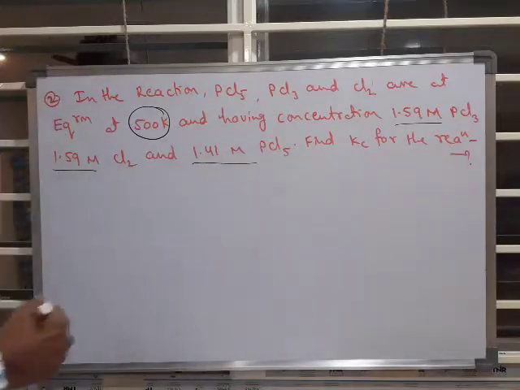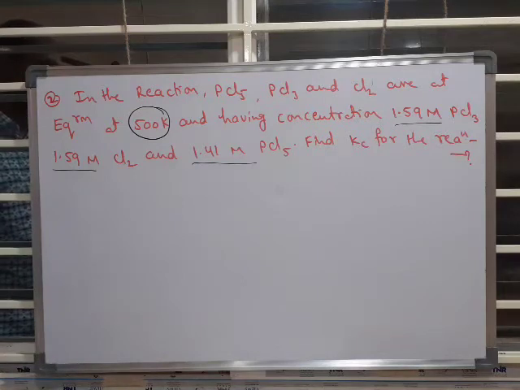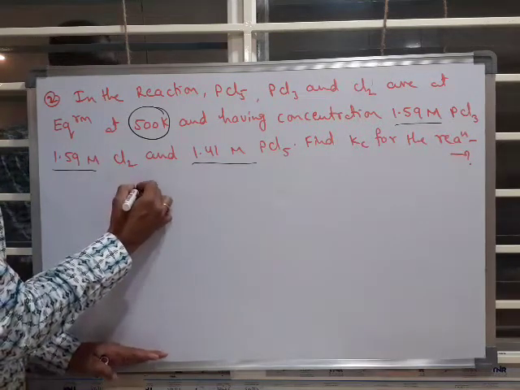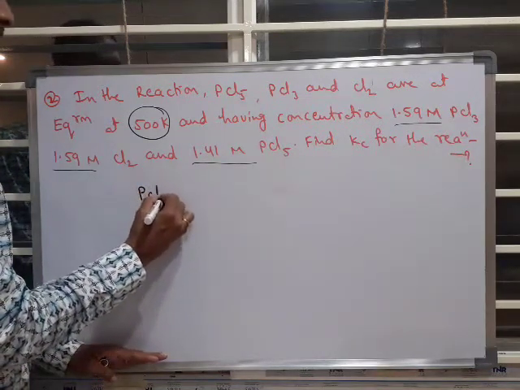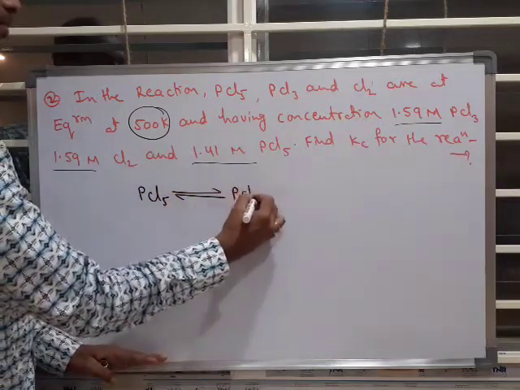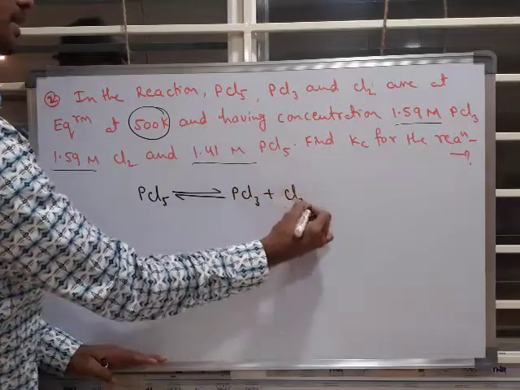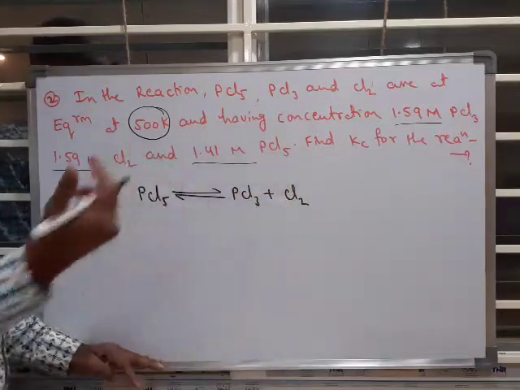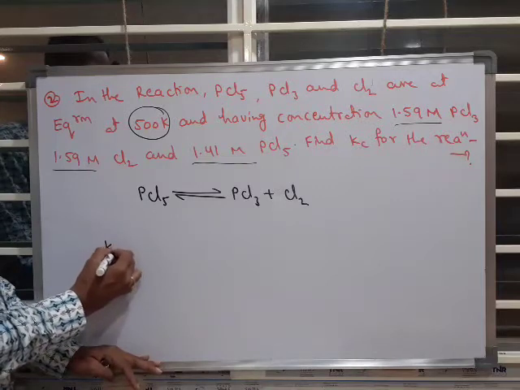So find the Kc for the reaction. So first we write the equation. PCl5, it is always a decomposition reaction. PCl5 gives PCl3 plus Cl2. So 1 mole each, all are gases.